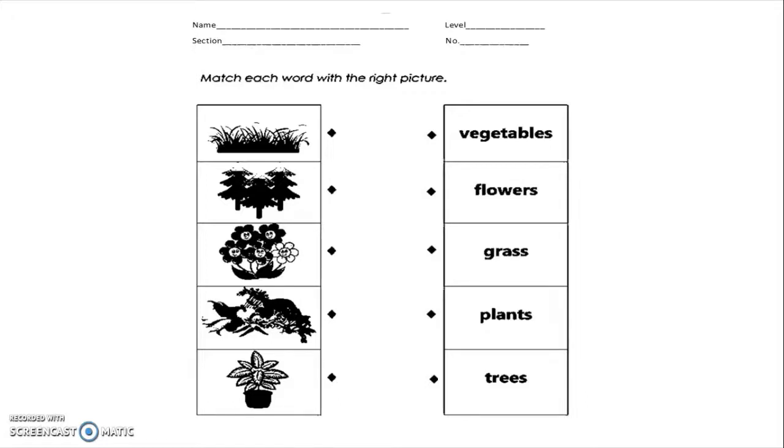All you need to do is put a line on it and connect the words and the picture. For example, number one, what kind of plant is that? So you draw a line to connect the words. Did you understand? All right.